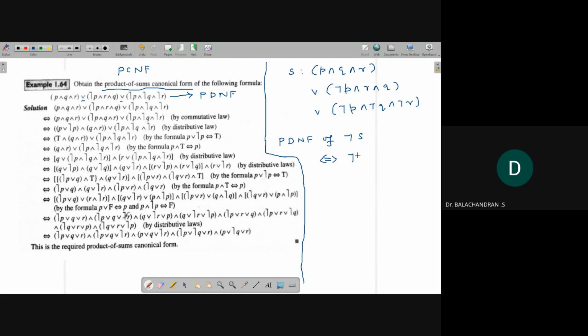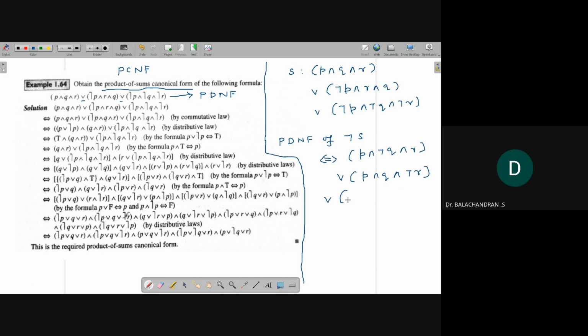I'll write, you can check it: negation P and Q and R. Then P and negation Q and R, and then P and Q and negation R, that is also not here.